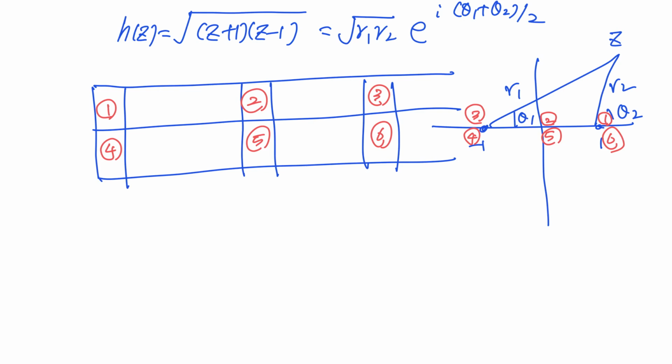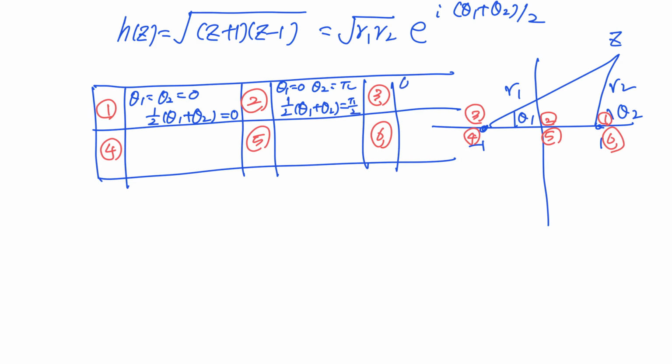For this one, theta 1, theta 2 is 0, so 1/2 theta 1 plus theta 2 is 0, right? For number 2, theta 1 is 0, theta 2 is pi, so 1/2 theta 1 plus theta 2 is pi over 2.